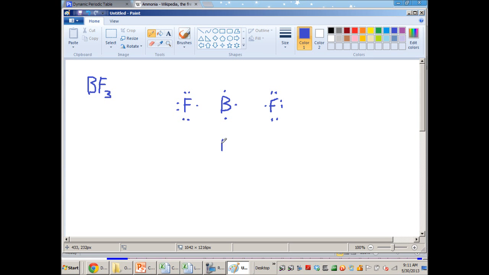Additionally, I might also expect to see the more electropositive, the less electronegative element in the center as well. Boron is more electropositive. It's less electronegative than fluorine, so I'd expect it to be in the center. And finally, fluorine's got these 7 valence electrons around it, which means once it shares one of its valence electrons and the valence electron of another element, it's basically done.